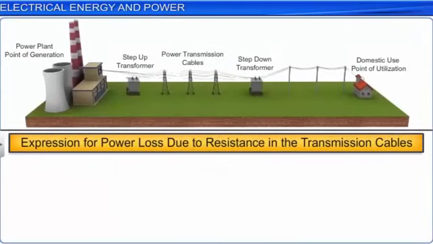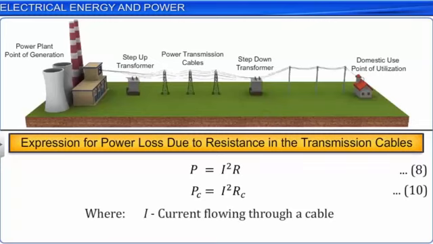Using equation 8, that is, P is equal to I square R, we can derive an expression to calculate the power loss due to resistance in the cables. Power loss in the cable PC is due to its resistance RC, which is expressed as PC is equal to I square RC. Let this be equation 10, where I is the current flowing through a cable.